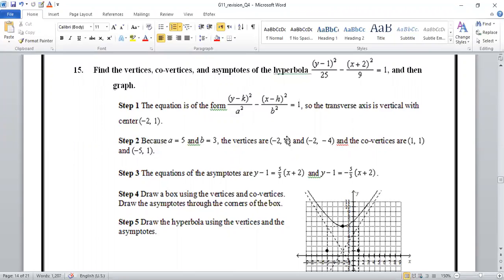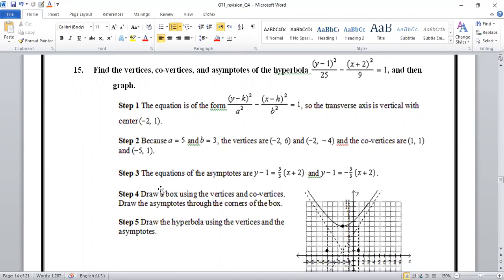So the two vertices are (-2, 6) and (-2, -4). And the co-vertices are (-2 plus or minus 3, 1): -2 plus 3 equals 1, giving (1, 1), and -2 minus 3 equals -5, giving (-5, 1).